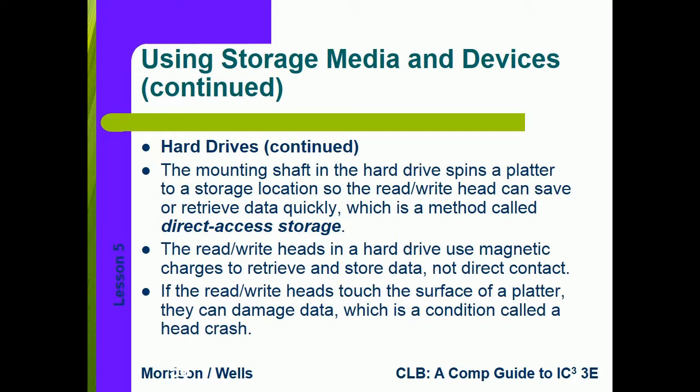The mounting shaft in the hard drive spins a platter to a storage location so the read/write head can save or retrieve data quickly, which is a method called direct access storage. The read/write heads in a hard drive use magnetic charges to retrieve and store data, not direct contact. If the read/write heads touch the surface of a platter, they can damage data, which is a condition called a head crash.